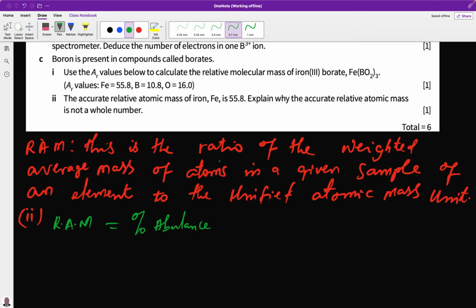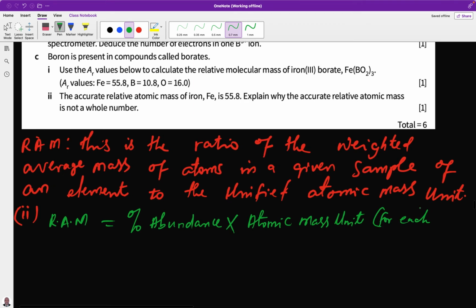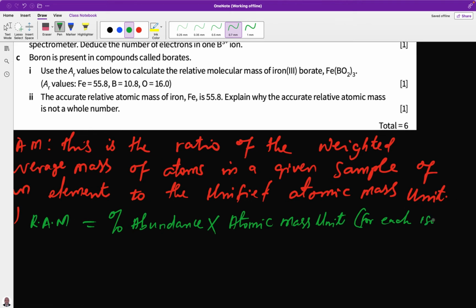Percentage abundance times the atomic mass unit for each isotope, divided by what?